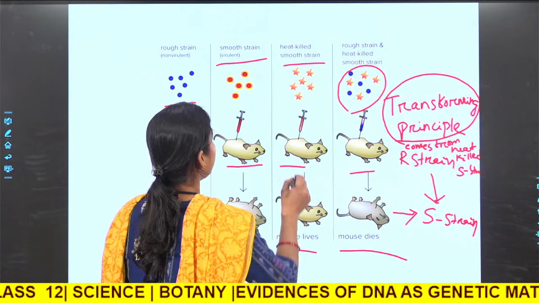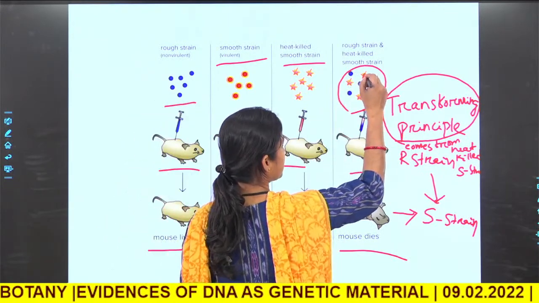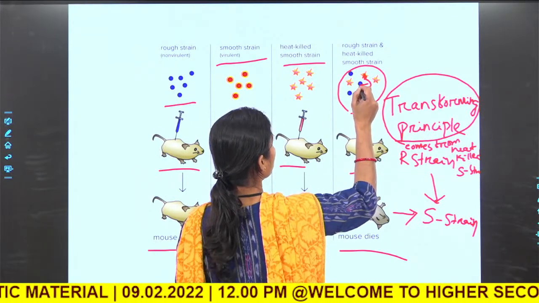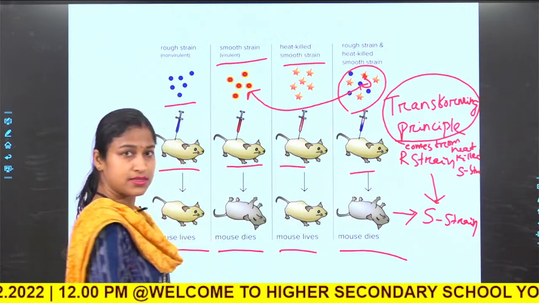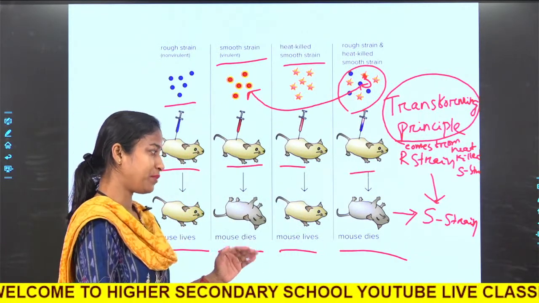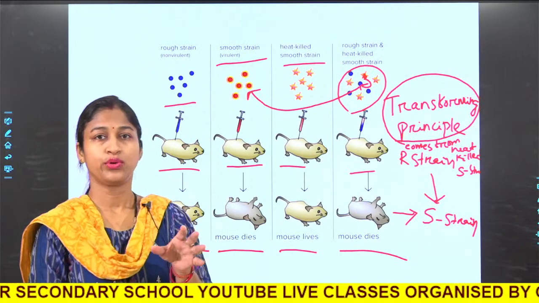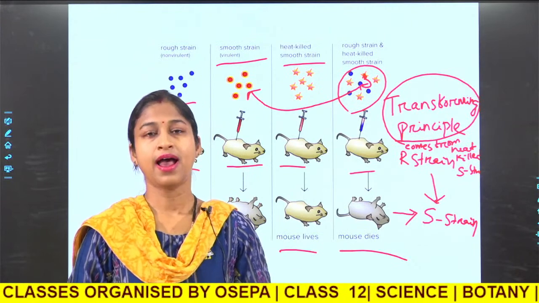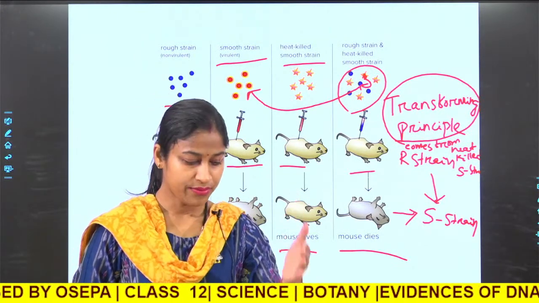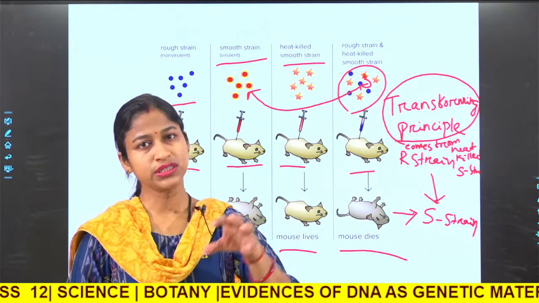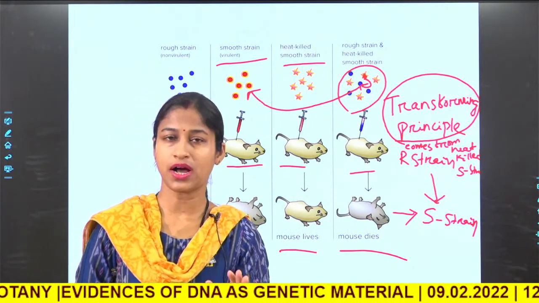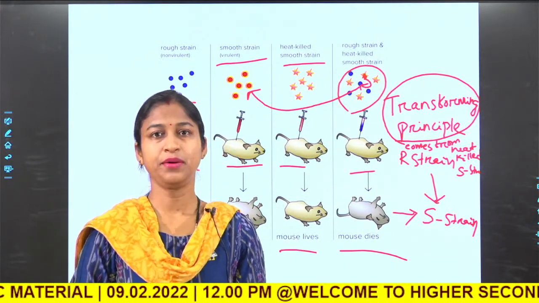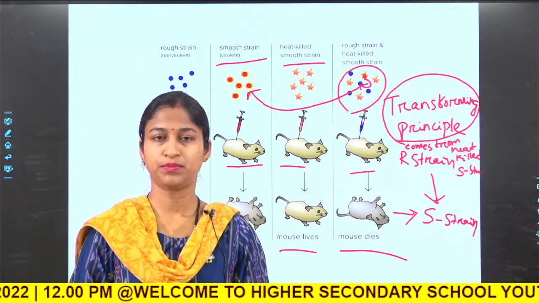That means the DNA, or something which is present here, comes and converts this to this. So he explained that there must be some transforming principle present inside the heat-killed S strain, which comes into the R strain and converts it into an S strain, but he couldn't identify what that transforming principle was.